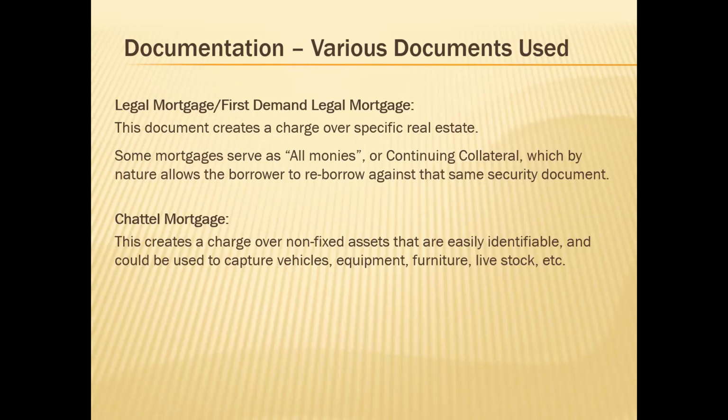So if that particular mortgage document, which I think they call the banking facilities mortgage, was stamped and recorded for $200,000, and I had borrowed and taken my balance down to $50,000, I can go back to them and borrow another $150,000 to take it up to $200,000 without having to go through the process of getting a new mortgage document drawn up through the lawyers.